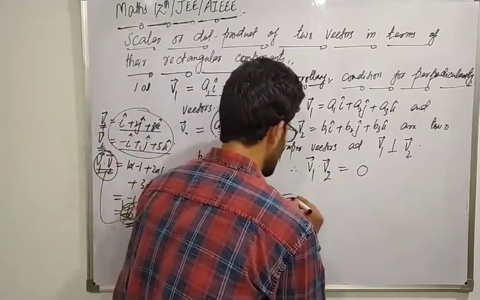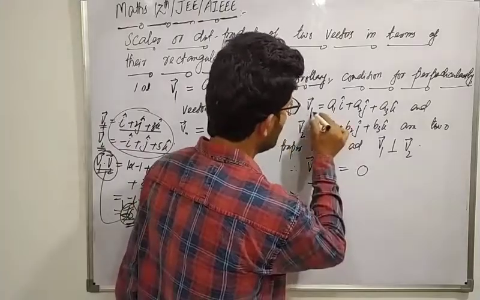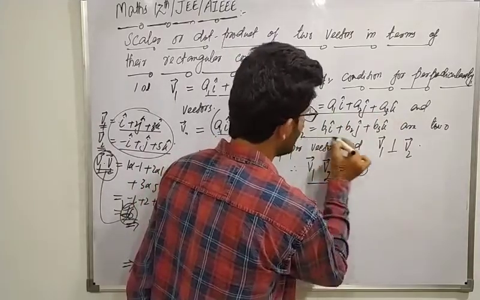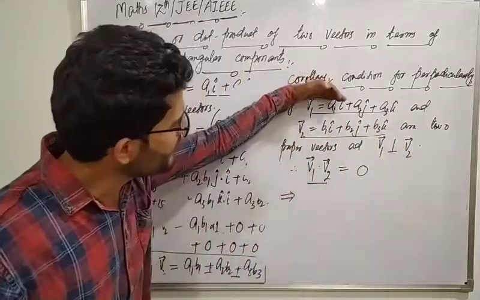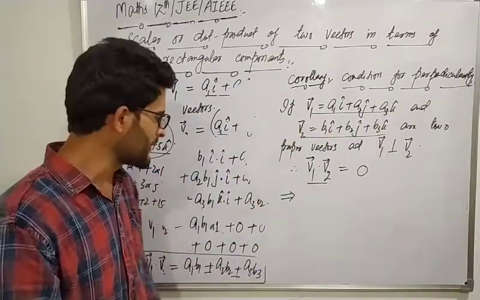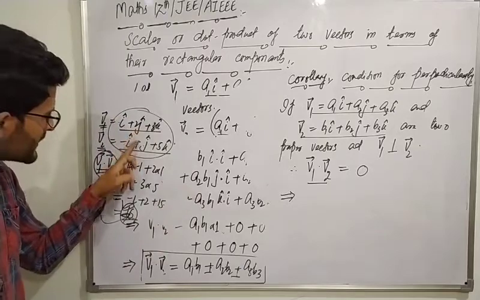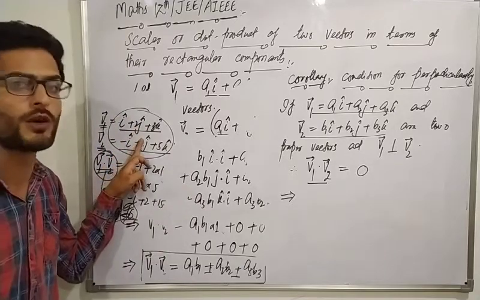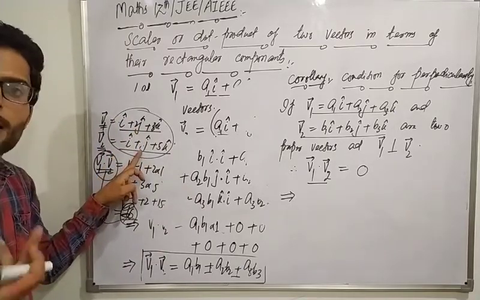So implies now v1 dot v2, वेक्टर का डॉट करना है v2 वेक्टर के साथ, लेकिन यहां पे v1 वेक्टर और v2 वेक्टर जो है, that have been expressed in terms of their rectangular components. और अभी हमने पढ़ा है when two vectors are expressed in terms of their rectangular components, तो उनका डॉट प्रोडक्ट किसके बराबर होगा?